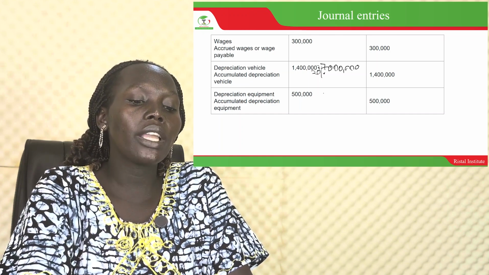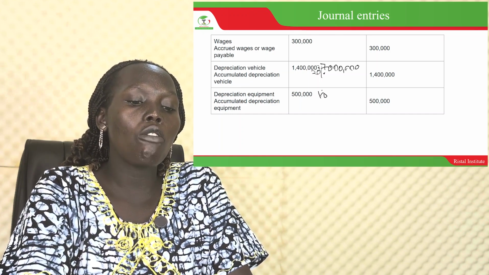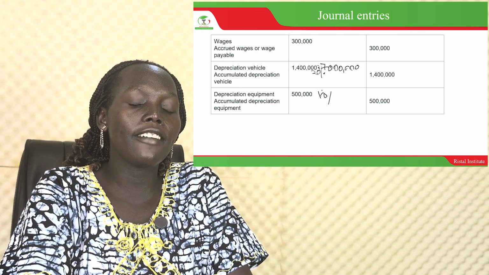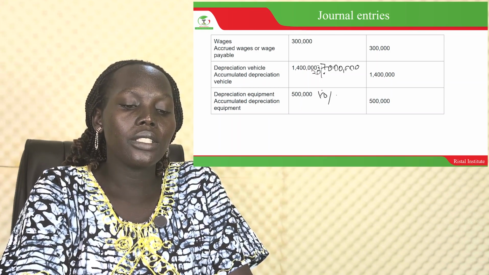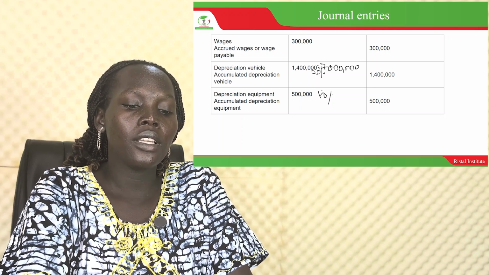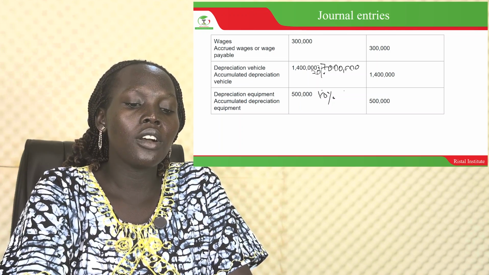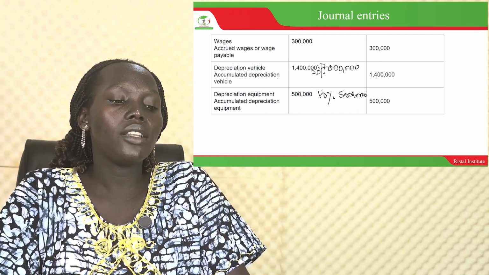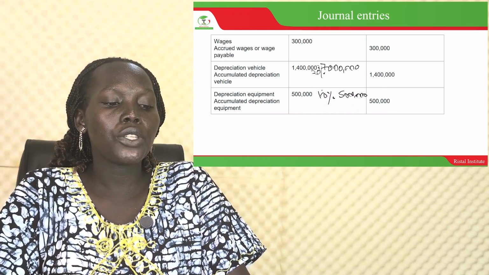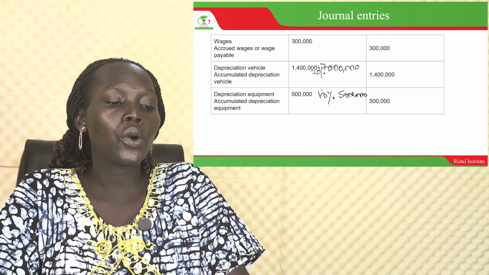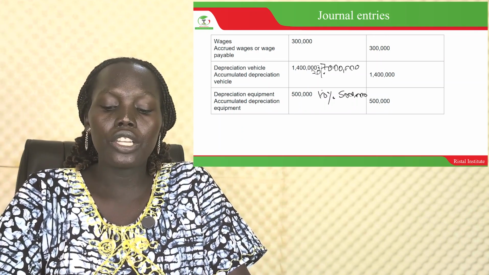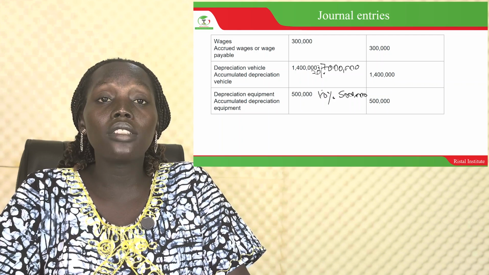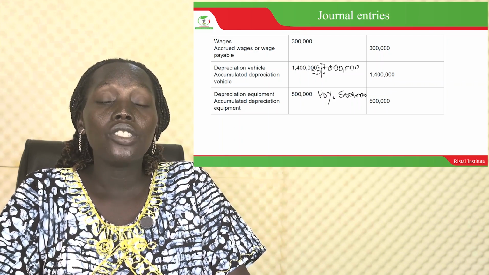And then when we get 10% of 5 million, we get 500,000 SSP. We debit the depreciation, and then we credit accumulated depreciation equipment. So that is how we come up with our journal entries.